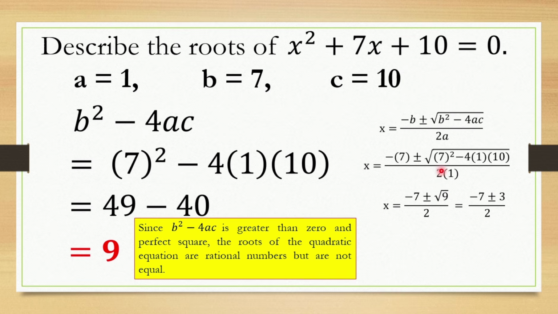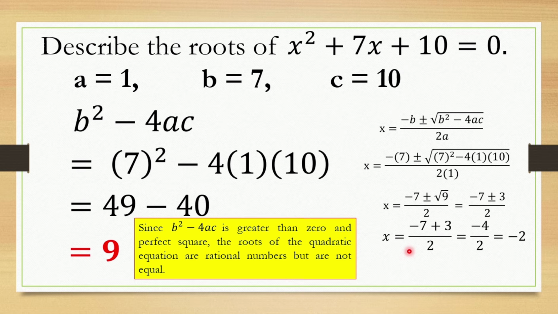Because 49, so ito ay magiging minus 4 times 10, this is 40. So 49 minus 40, that is 9. So diniretso na natin. So now, square root of 9 is a perfect square. So we will have negative 7, positive or negative 3 over 2.